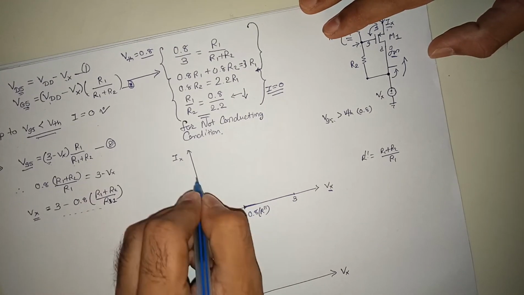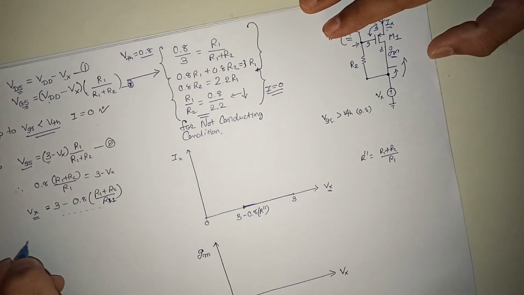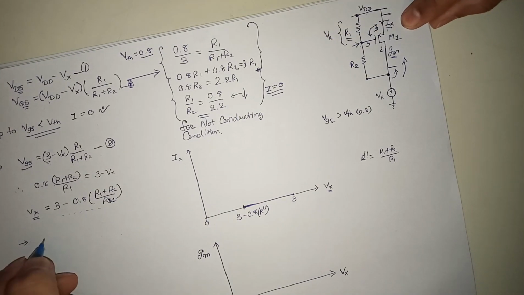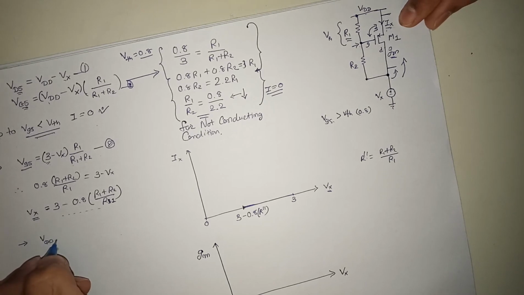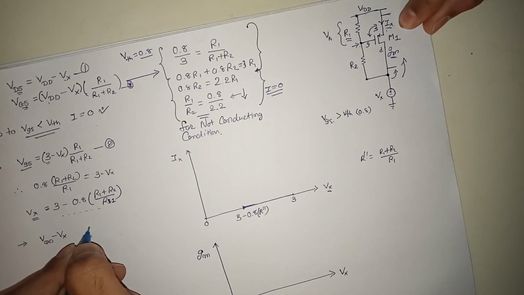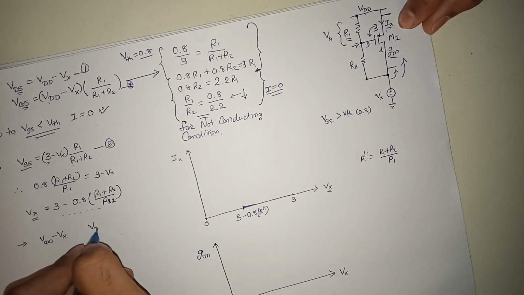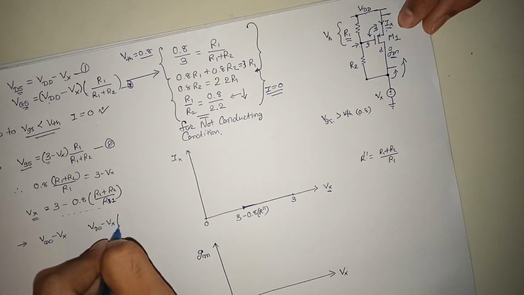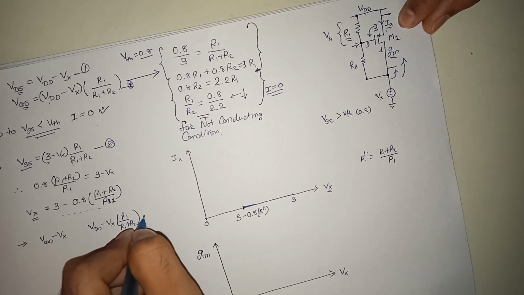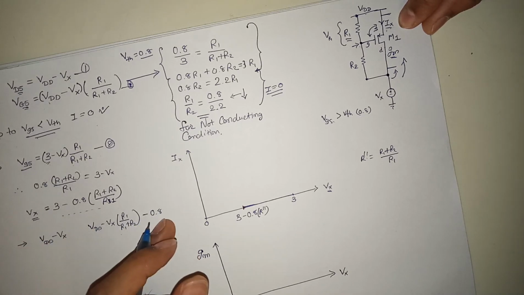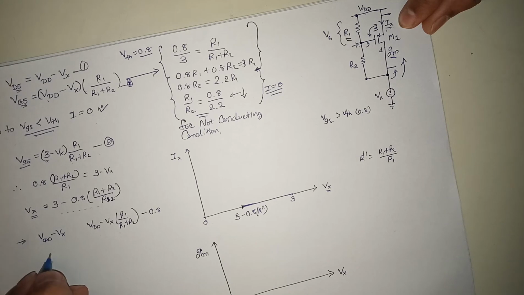Now we need to search for values lower than this. For that, what is VDS? It is VDD minus VX. And what is VGS? That is VDD minus VX times R1 upon R1 plus R2, minus 0.8, where 0.8 is VTH. So basically I am finding VDS compared with VGS minus VTH. What is the sign here?